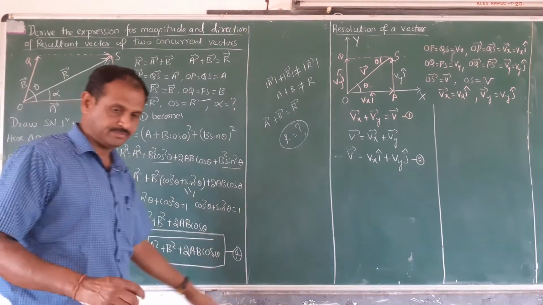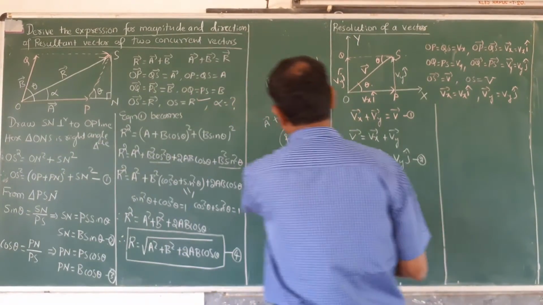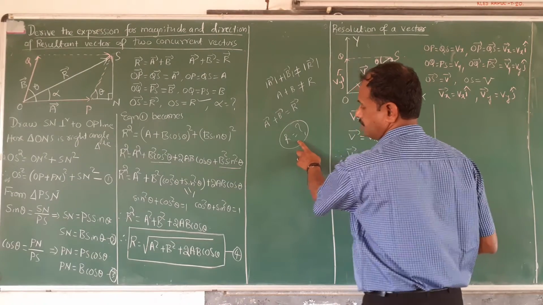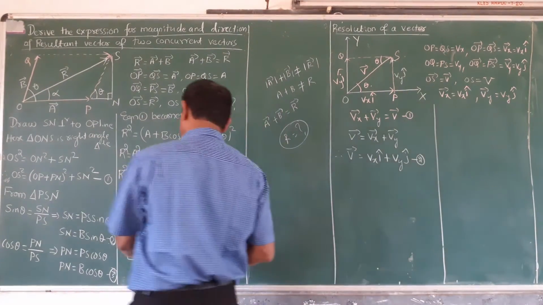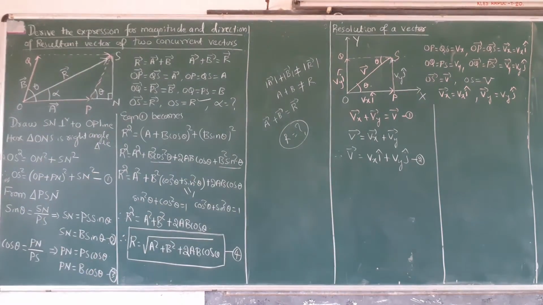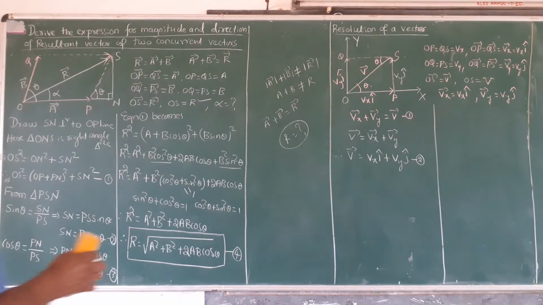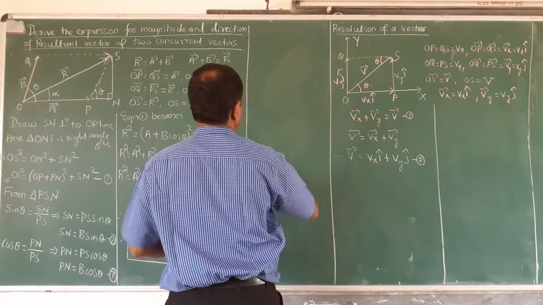What about the direction? R is what here? R is equal to under root of A square plus B square plus 2AB cos theta, you got. Yes, direction of R.